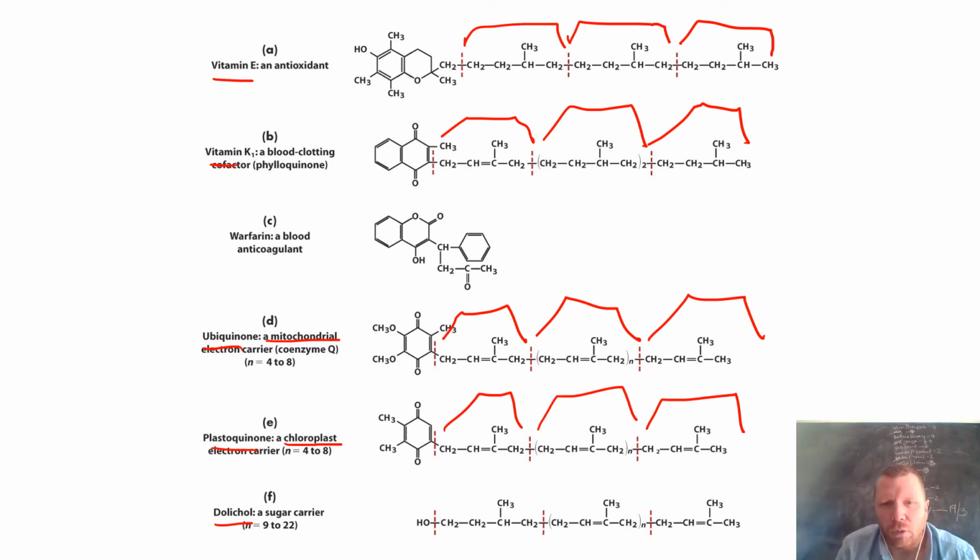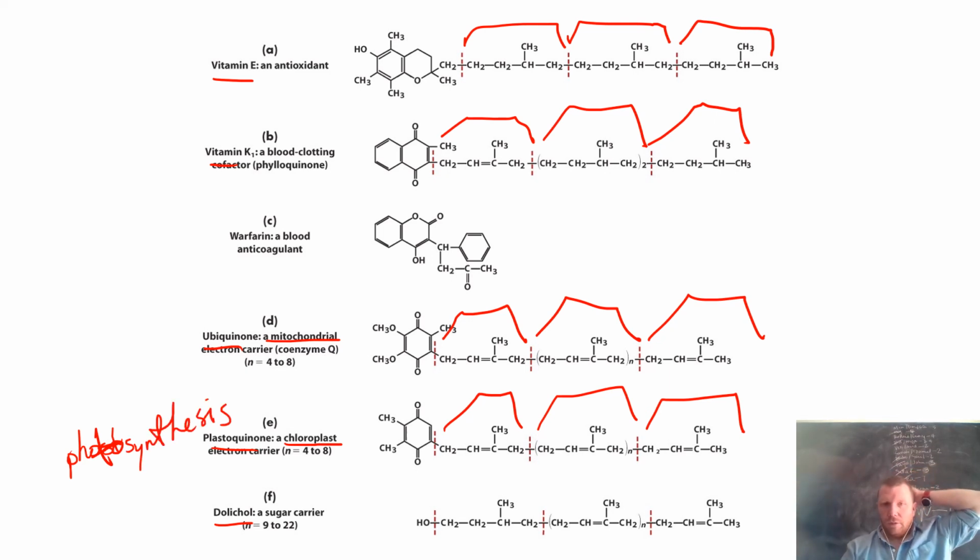So plastoquinone is involved in photosynthesis. And ubiquinone is involved in the electron transport chain that we use for oxidative phosphorylation, so generating a lot of ATP from a glucose molecule effectively.